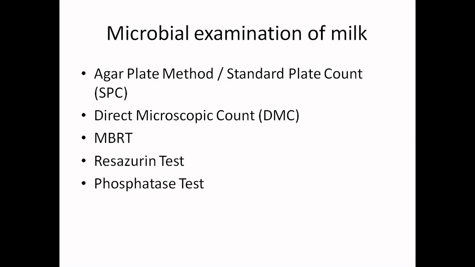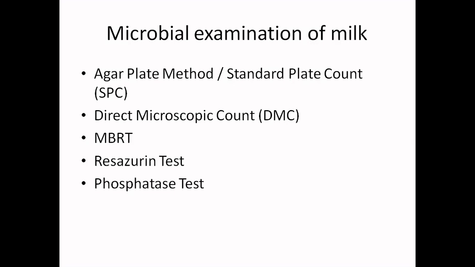Using the spread plate method, the total number of live bacteria in milk from any source can be calculated. This method involves preparation of different dilutions of milk samples, that is 10^-1, 10^-2, 10^-3, using 9 ml serial dilution distilled water.